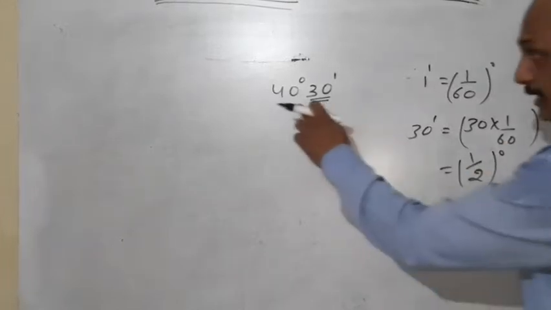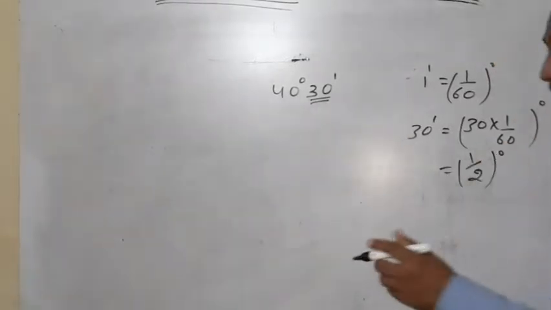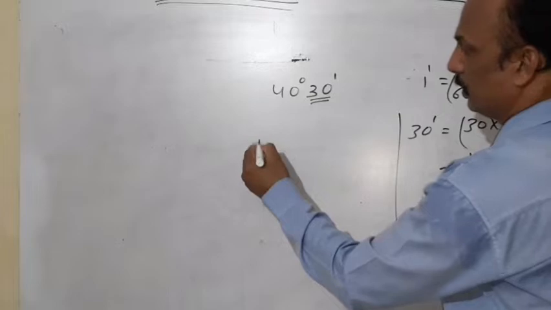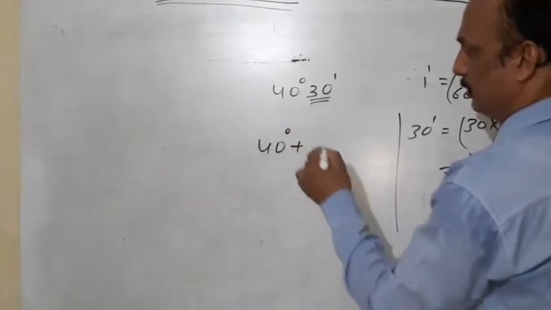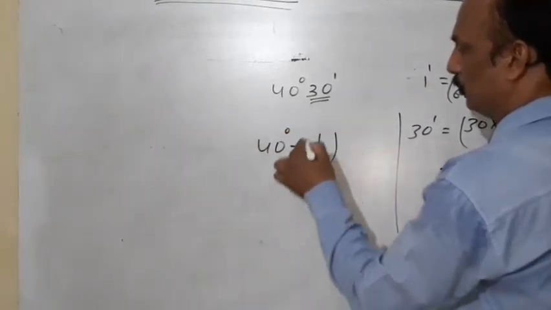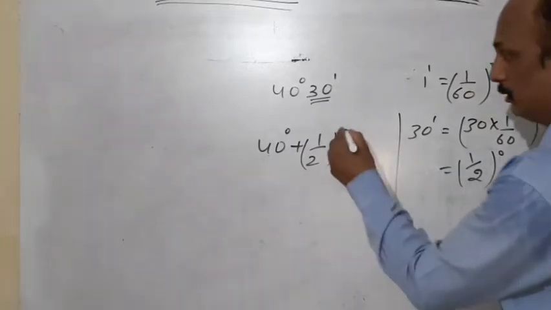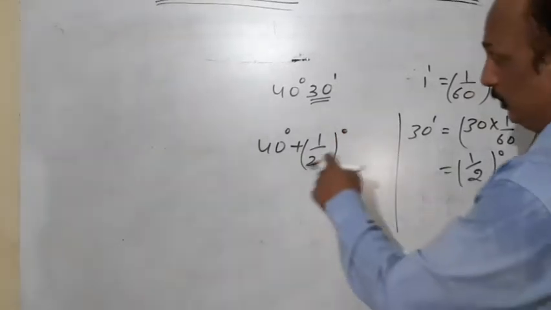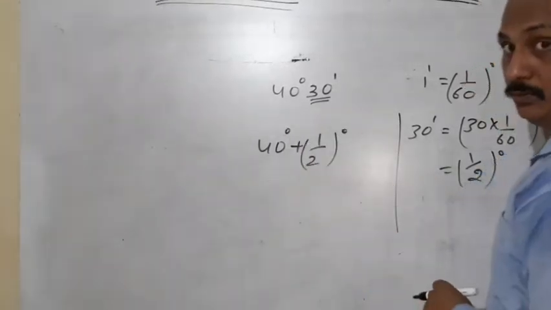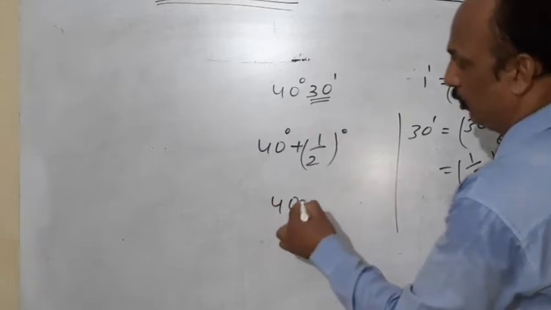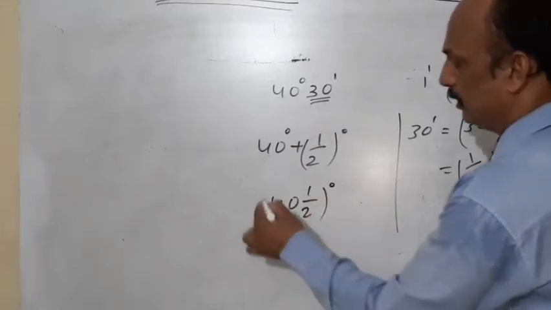So we can write it as 40 degree plus 1 by 2 degree. Okay, and we can calculate it also, like 40.5 degree.